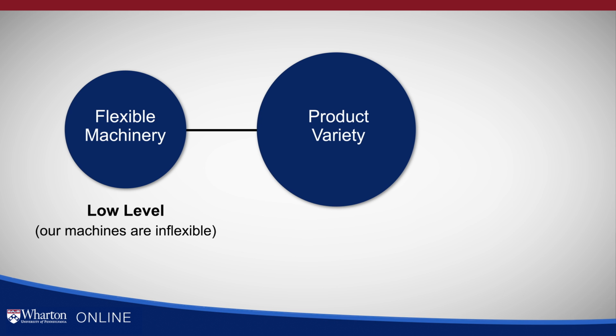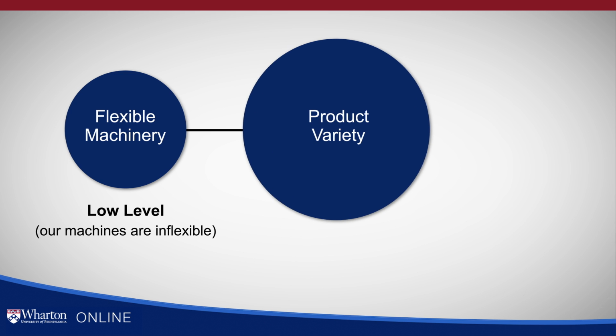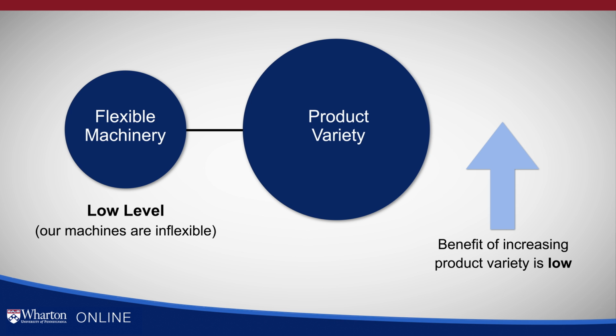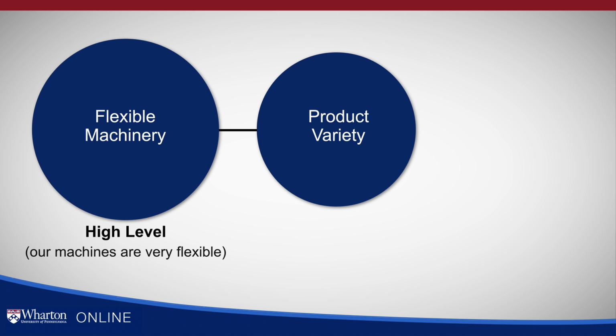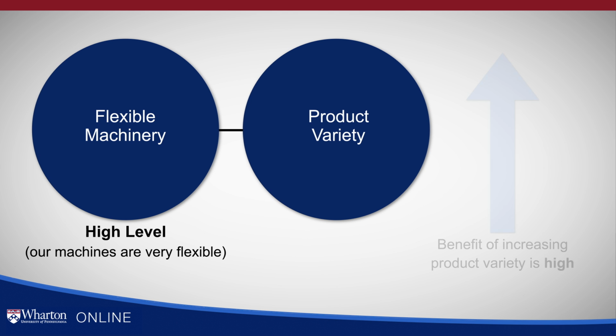Now we ask, what is the benefit of increasing our product variety by a little bit? Well, given that we have these very inflexible machines, right, the benefit of increasing product variety is not that high, because our cost is fairly large of increasing product variety. But now, if we have high flexibility in our machinery, what is now the marginal benefit of increasing product variety? Well, now it's larger because the cost of doing so is much lower.